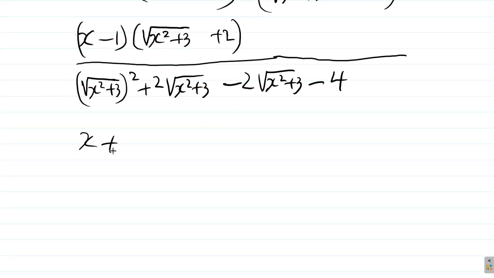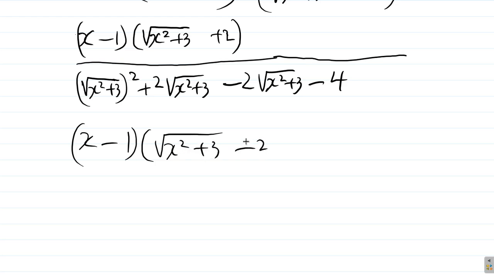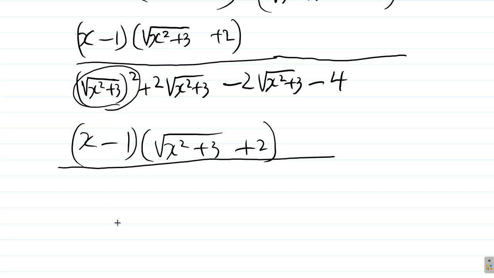You have x minus 1 up top times the square root of x squared plus 3 plus 2. That's the top part. But we see how we get rid of the square root over the x squared plus 3 part under the bottom. This here, the square root sign will disappear because it's squared. So it's x squared plus 3.